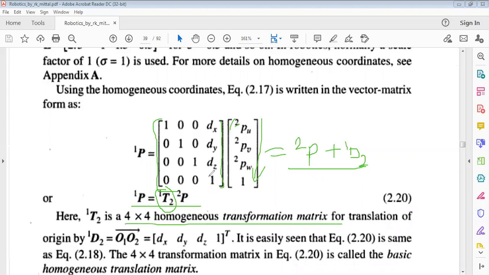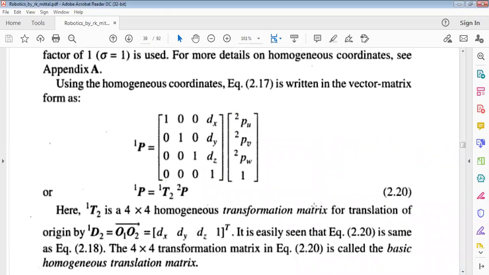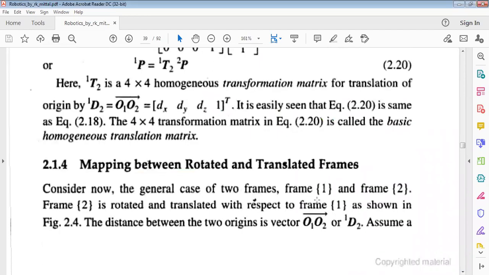In this particular case, it is for translation of origin O2 from O1. This 4x4 transformation matrix is called the basic homogeneous transformation matrix.